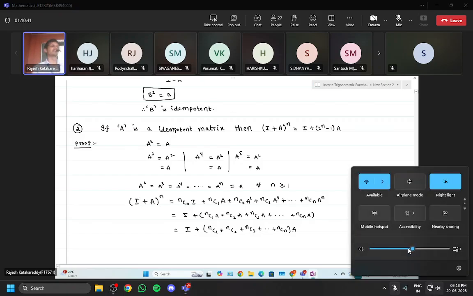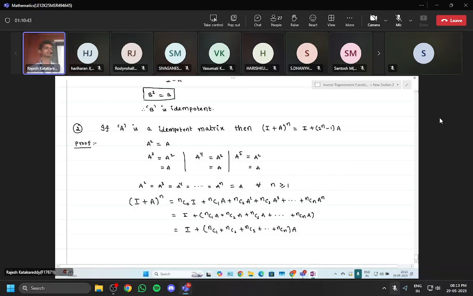So what is the value of this bracket, my dear students? nC1 plus nC2 plus nC3 going till nCn will be equal to how much? In the binomial theorem, you would have learned that the sum of all binomial coefficients in the expansion of 1 plus x whole power n is equal to 2 power n.